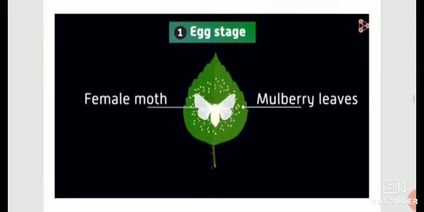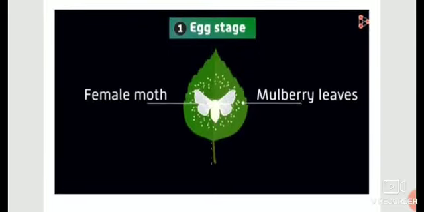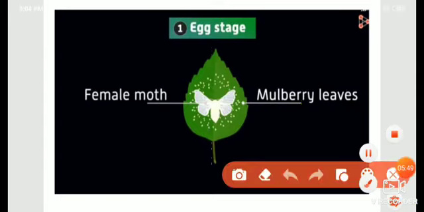Now students, this is the egg stage. Firstly, we will learn about the first stage of the silkworm. Okay, so you can see the female moth.